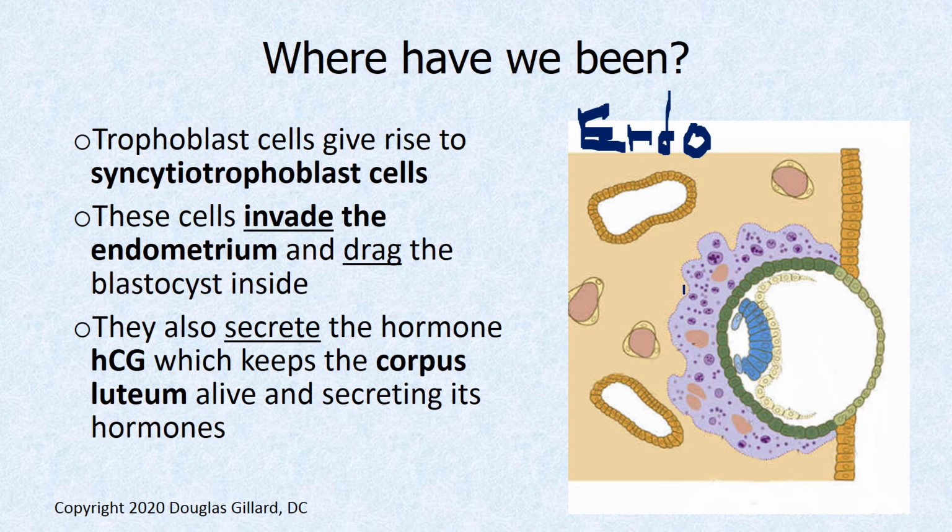They're like a cancer. They invade and pull the little blastocyst inside mom's uterine wall. We talked about the hormones. HCG was secreted, which keeps the corpus luteum alive, so estrogen and progesterone can keep being secreted, which are important for development of this endometrium.